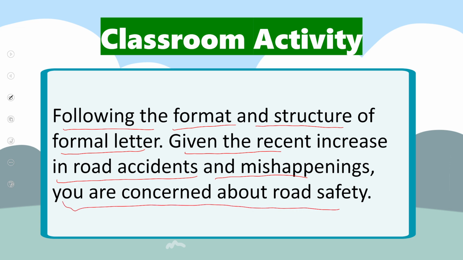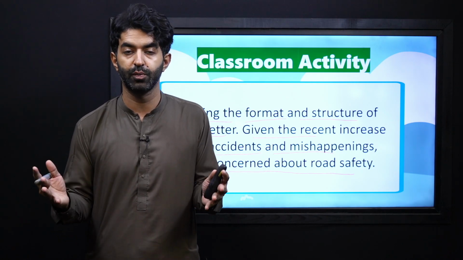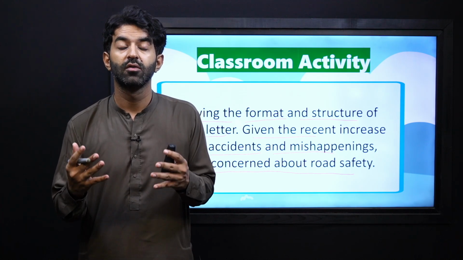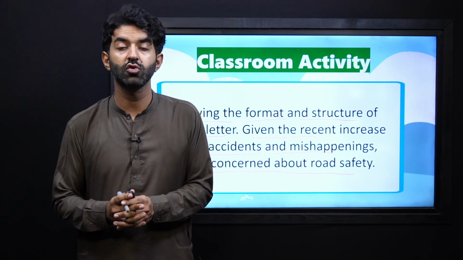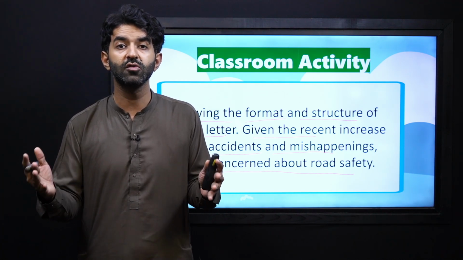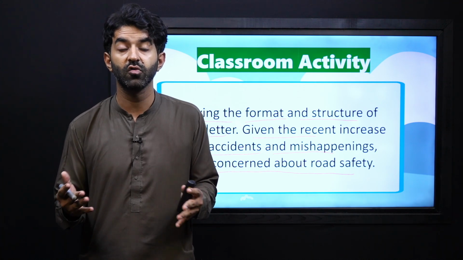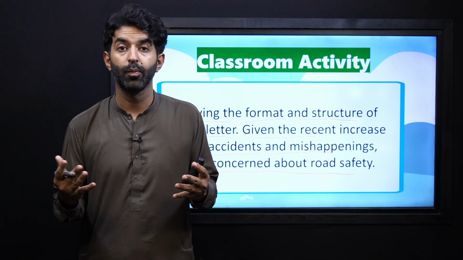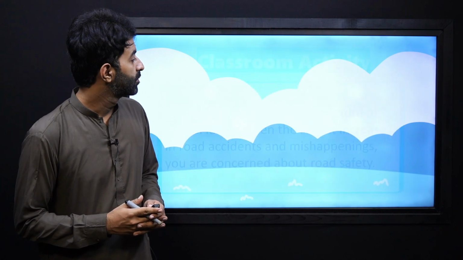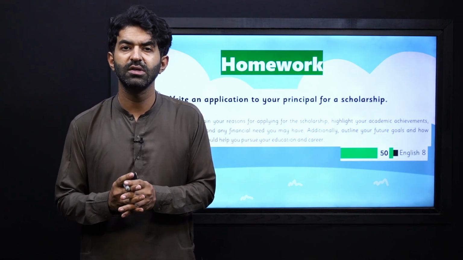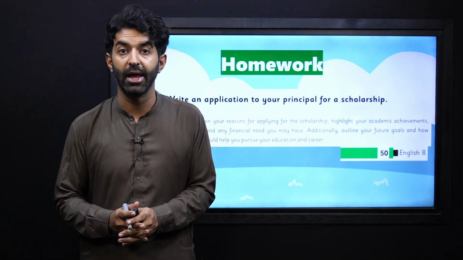So you are writing a letter to the editor of a newspaper to show your concern that road safety is very important, so that this letter can be published in the newspaper, others would read it, and they will take guidance and help from your understanding and your valuable advice. This is what you are supposed to do. You are going to write a formal letter following the same pattern that is available in the main lesson.